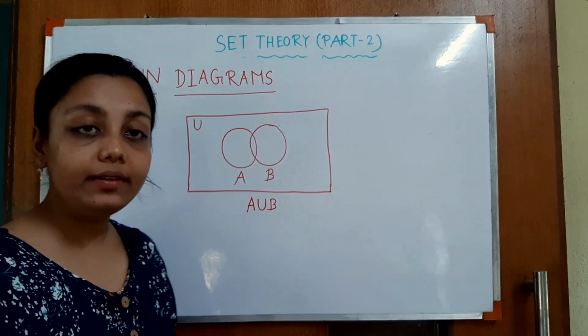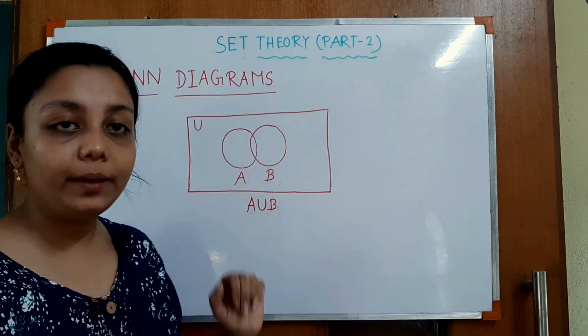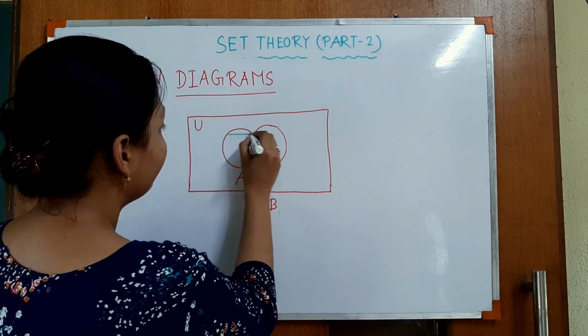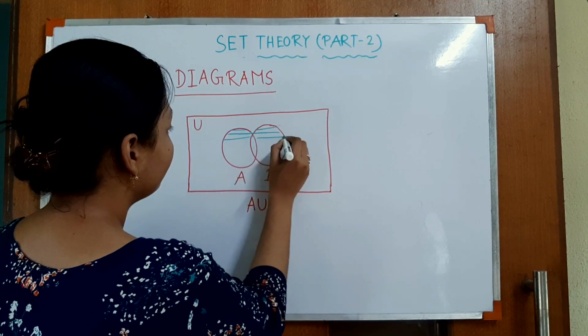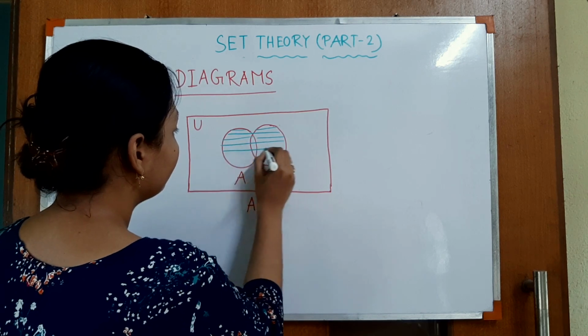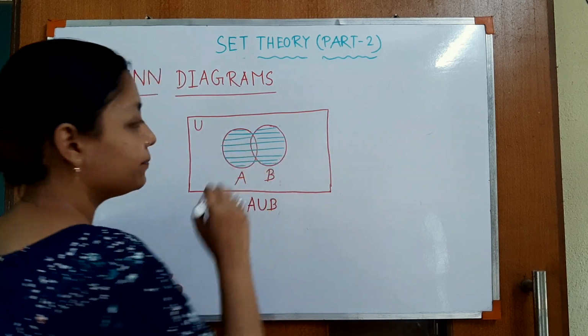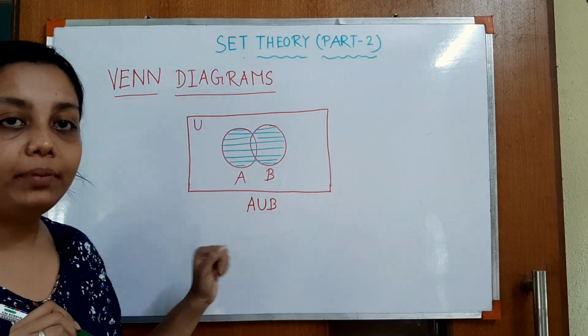A union B means if any element is present in either A or B, then we shade this part. This is the Venn diagram of A union B.